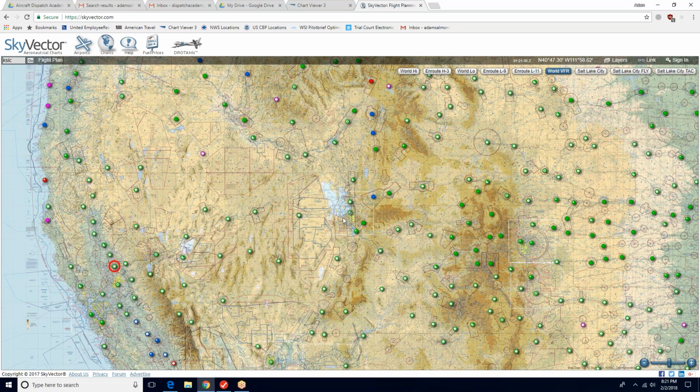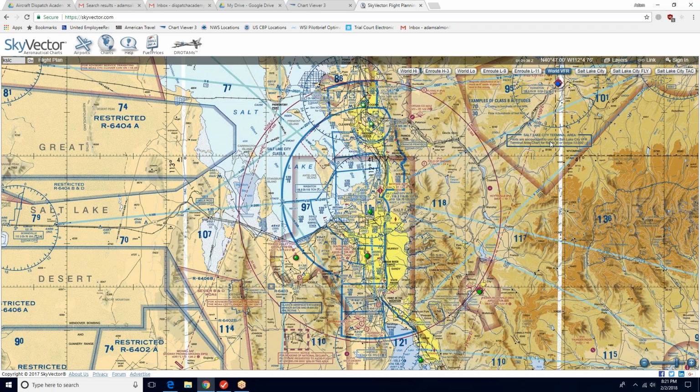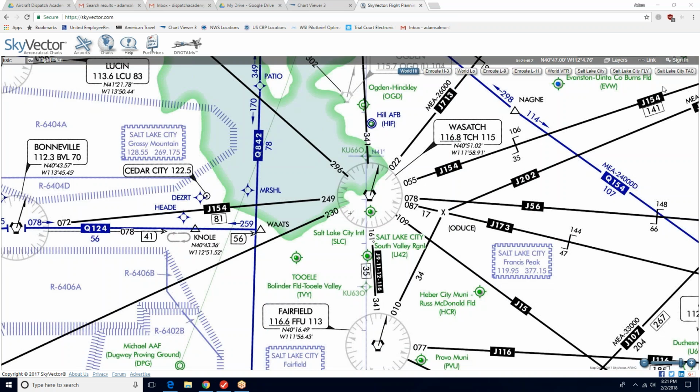It'll center you right on the airport, but if you zoom down into the airport, I usually like to be on the high chart. So I usually turn it on to the world high chart. It makes things a little bit more visible. So this is Salt Lake City here in the middle.